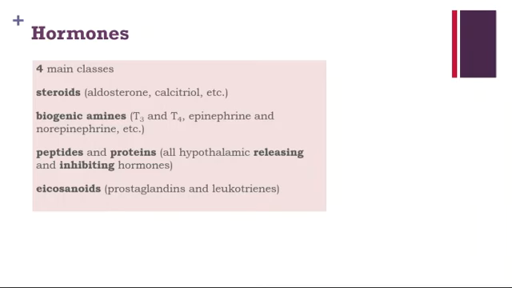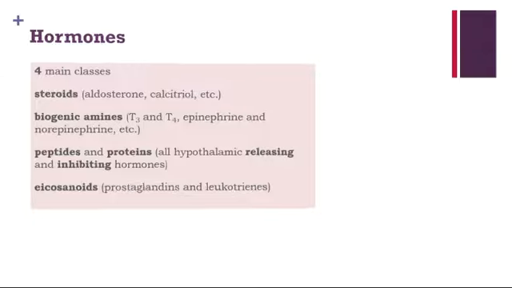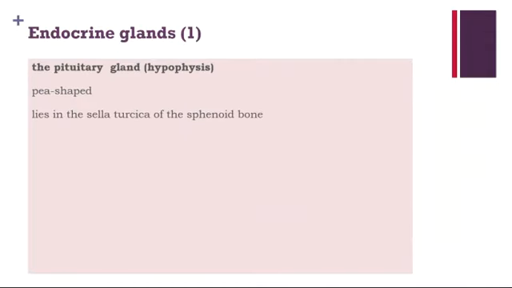Let's have a look now at the endocrine glands. We'll start with the pituitary. The pituitary gland is a pea-shaped structure. It lies in the sella turcica of the sphenoid bone.